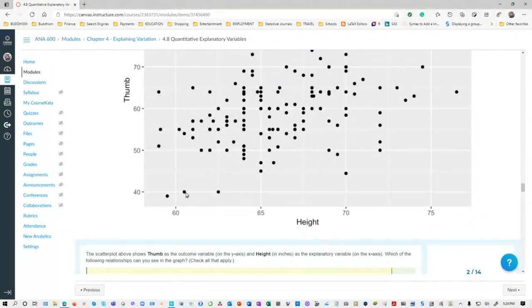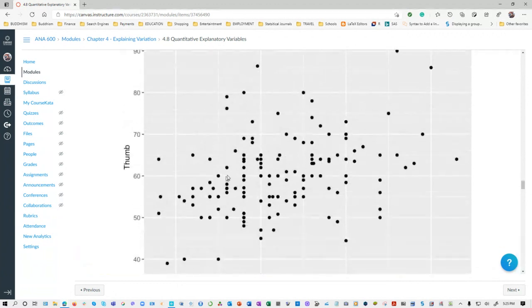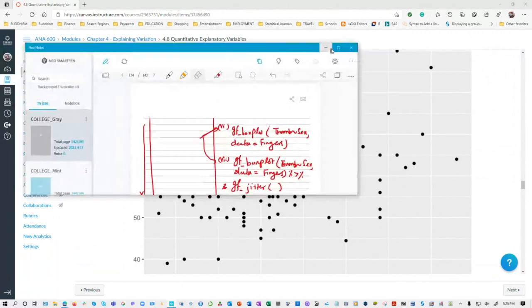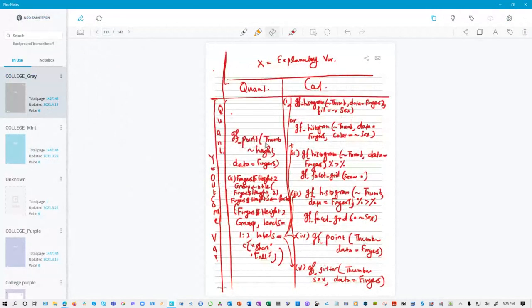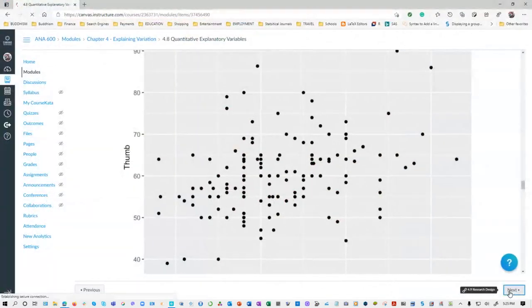Without doing any factoring or converting the height into categorical data, you just simply draw the scatter plot by using this function. I did that one: geom_point, thumb height data from the slide.